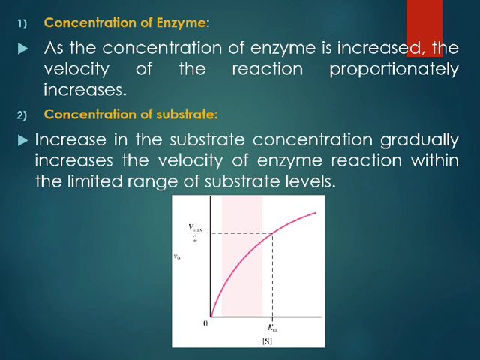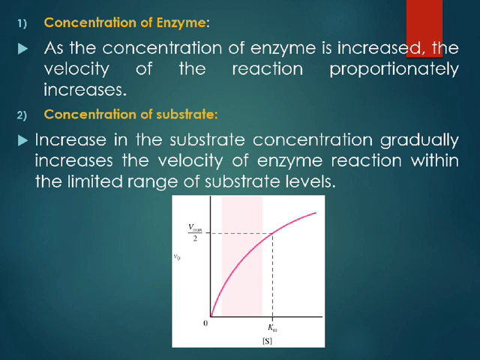So first one is the concentration of the enzyme. As the concentration of the enzyme increases, the velocity of the reaction will proportionally increase. So this factor is directly proportional to the velocity of the enzymatic reaction.